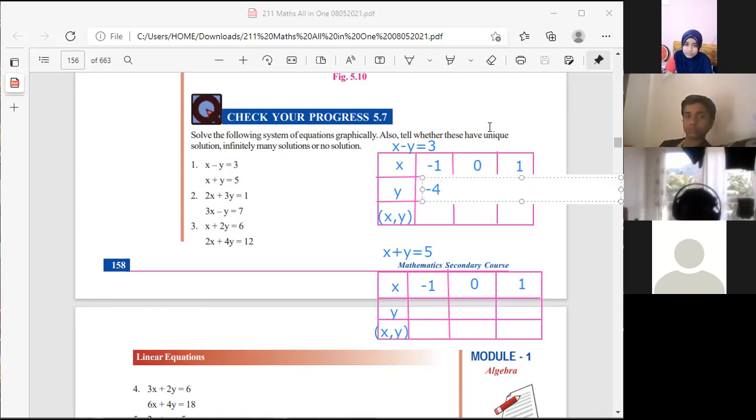Can anybody help me? Or I will get some other number. No, I think I will get +4. Will I get +4? Yes, teacher. I'll get +4, right?